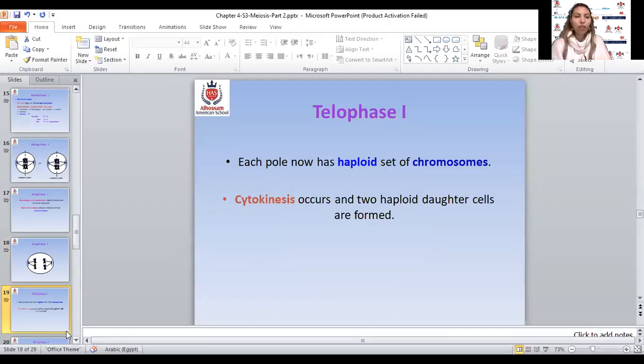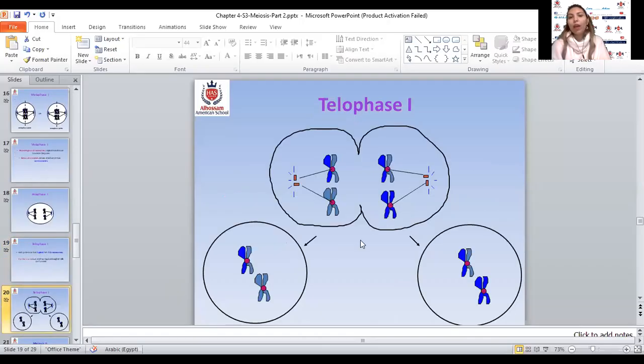We have a picture here: 4 chromosomes at the starting cell, and after anaphase, 2 chromosomes go to each pole, and then produce a haploid cell. Each cell has just 2 chromosomes. So the product of meiosis 1 is 2 cells with half the number of chromosomes.